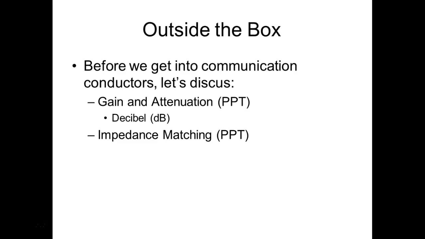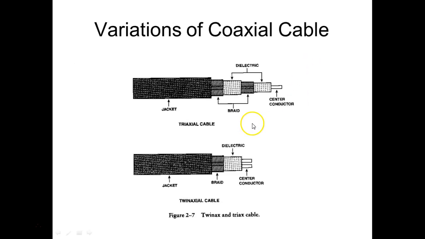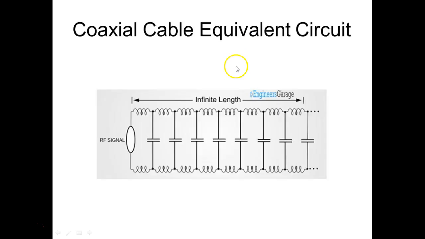And we looked at why these communication cables have what we call a characteristic impedance, and we talked about impedance matching. We looked at the makeup of a coaxial cable, and then the equivalent circuit of a coax cable, and we talked about it having the same characteristic impedance no matter what the length.